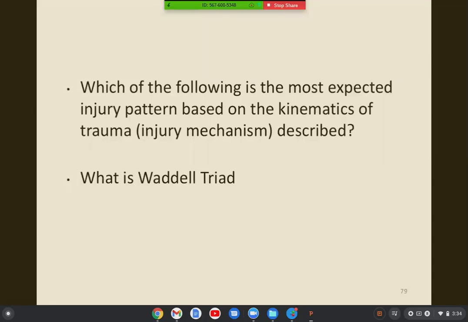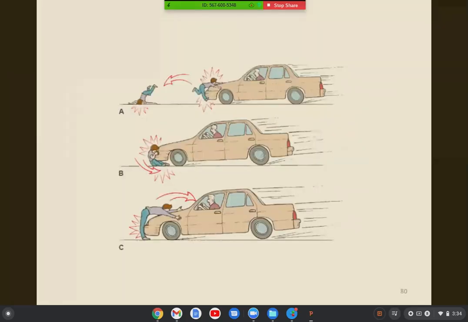What is the most expected injury pattern? Understanding the kinematics of trauma to get to that pattern is very important. Second is Waddell's triad. Let us see. This is the usual pattern when a motor vehicle accident affects a child. Technically speaking, there are two patterns.